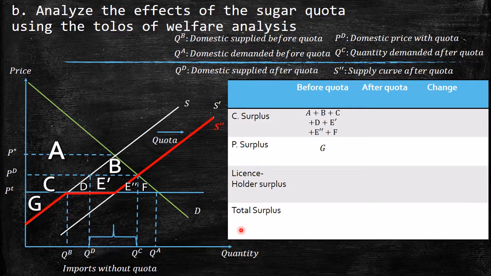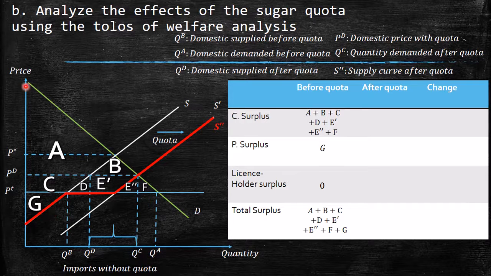On the other side, they have the producer surplus. They have to offer the products at the price of PT, so they just supply QB, and this G triangle is going to be the producer surplus. The license holder surplus is going to be zero naturally because they weren't present before the quota.